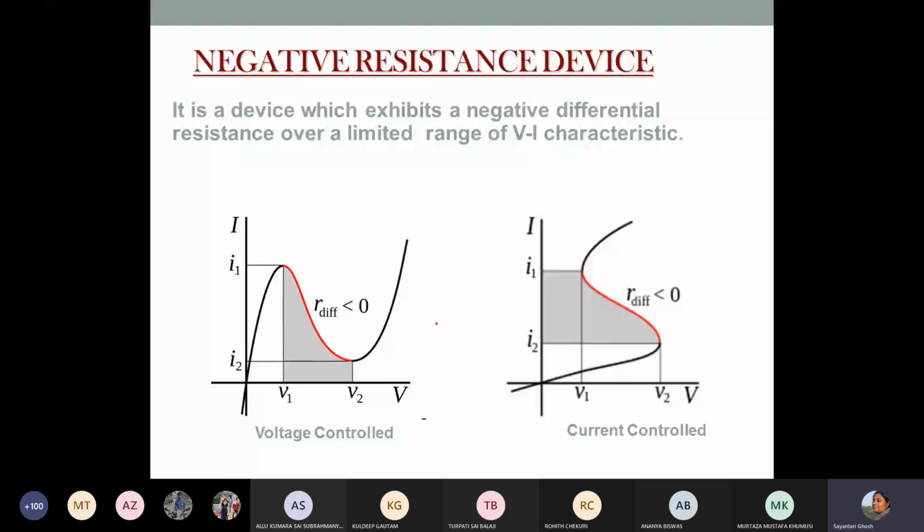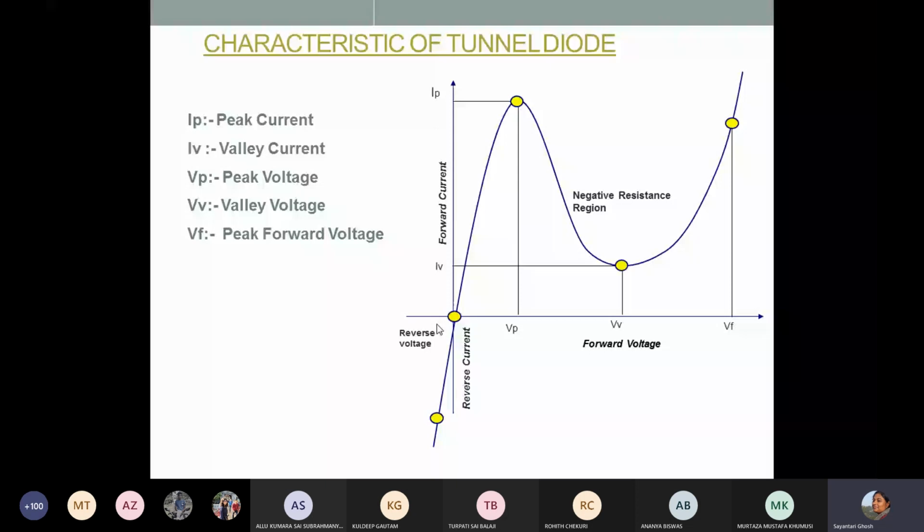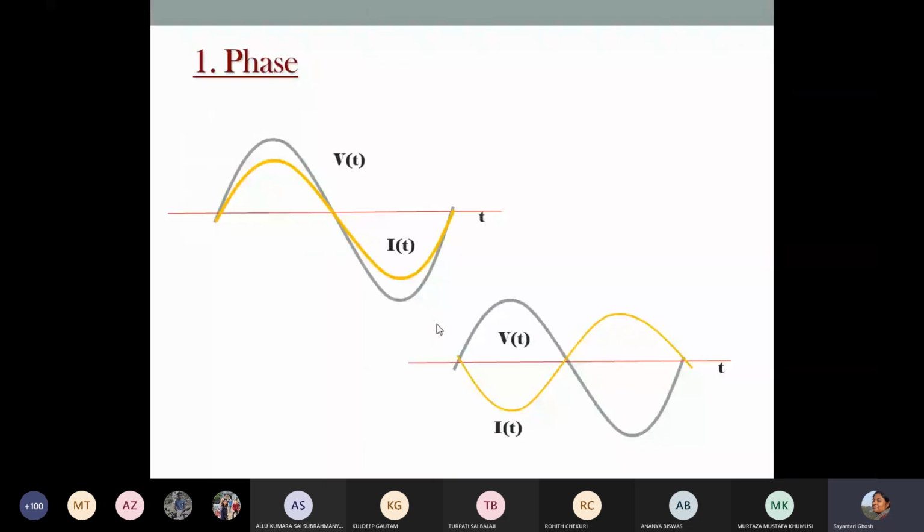The first thing that I should talk about is phase. We talked about the IV characteristics, but in terms of phase, a very interesting thing to point out is this. Suppose I have some device where the voltage is depicted in the gray colored graph, and the yellow graph is the current, and both are sinusoidal AC signals.